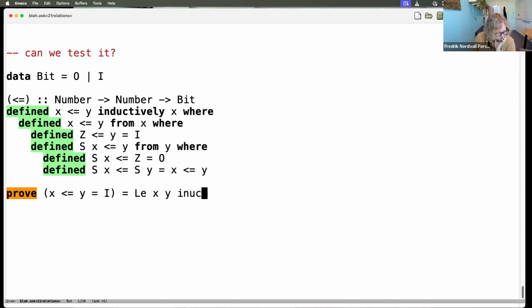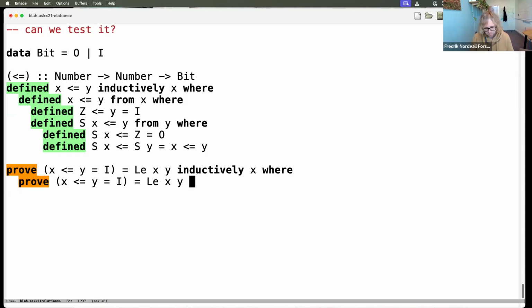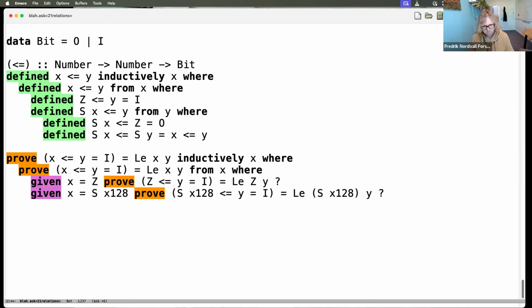It's going to be the same game. I can say inductively X, and then I say from X, and I get a horrible X128, which I'm going to turn into X prime.